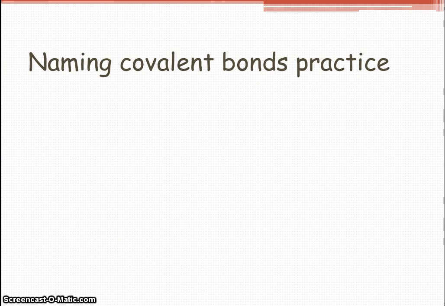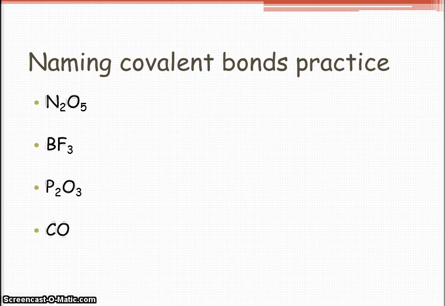Naming covalent bonds practice. So, here are 4 examples that I want you to try. Okay, now, hopefully you paused it, and now I'm going to go over them. So we have N2O5. Well, we have 2 nitrogens and 5 oxygens.